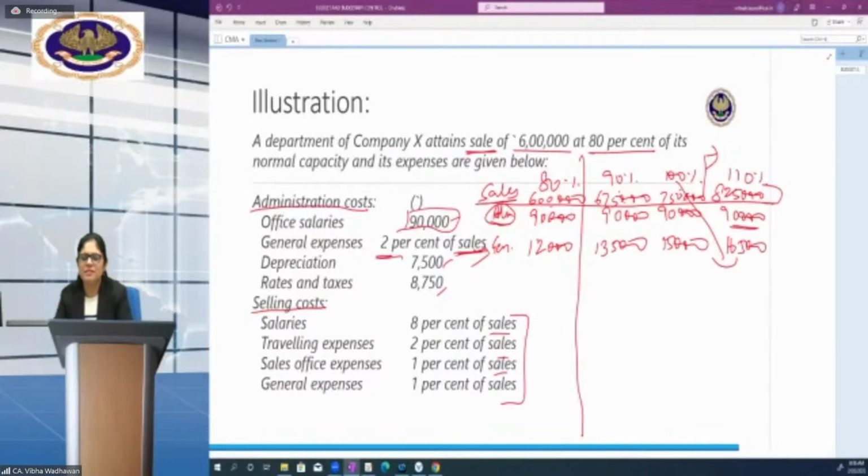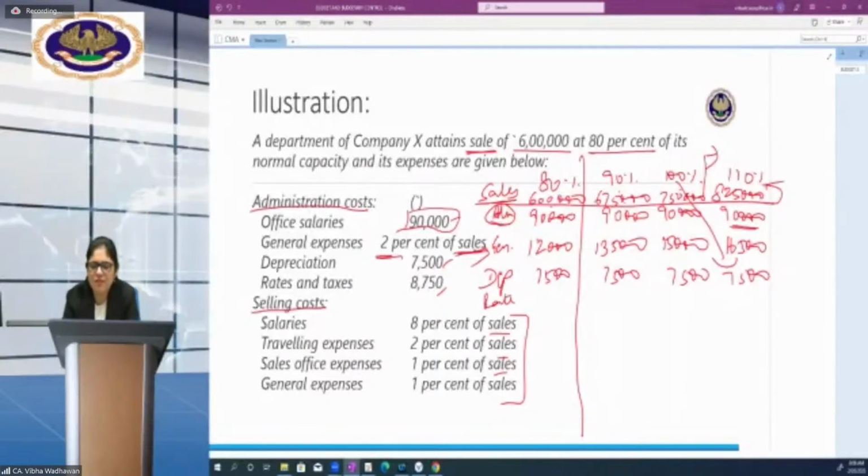General expenses as a percentage of sales. Depreciation is fixed. 7,500, 7,500, 7,500, and even for 110%, it's 7,500 since no information is given. Rates and taxes are fixed. 8,750, 8,750, 8,750 and 8,750, it's fixed. So whatever is fixed will be fixed for every level of activity.